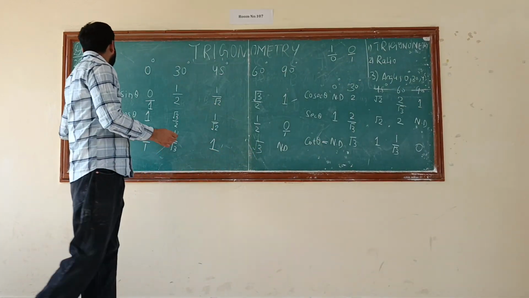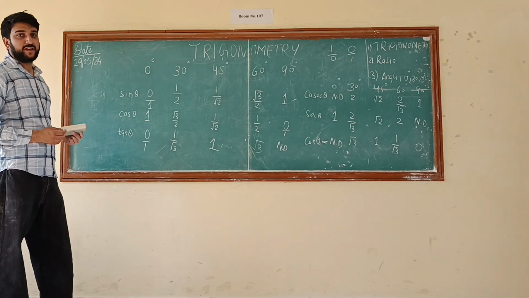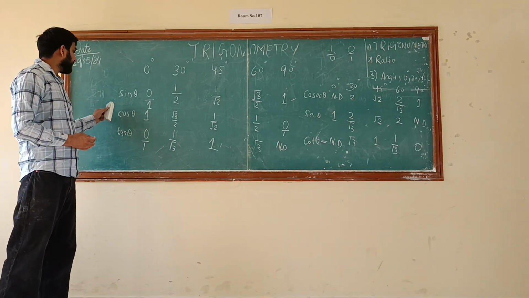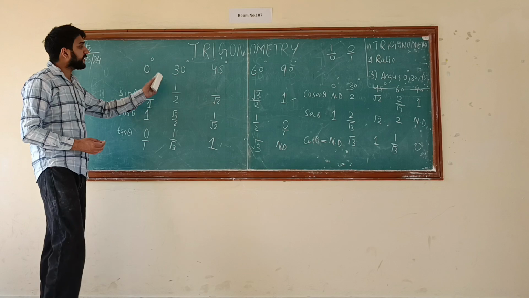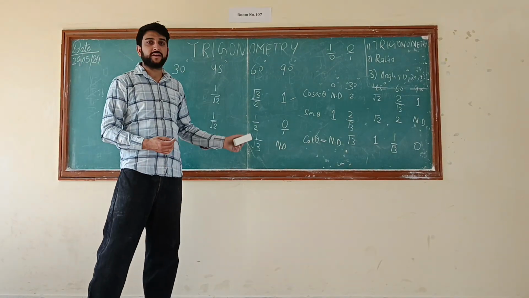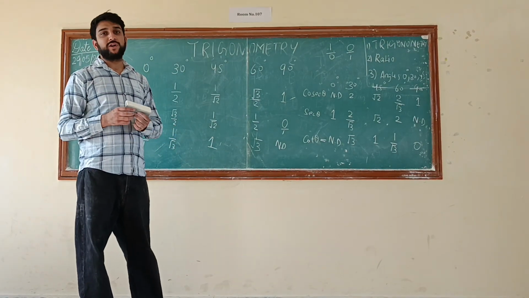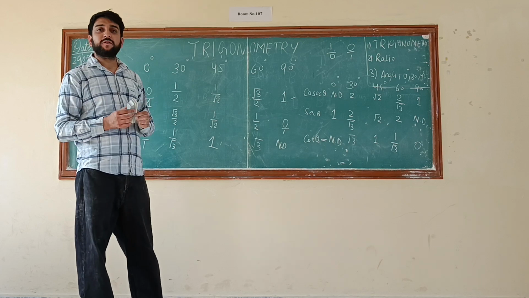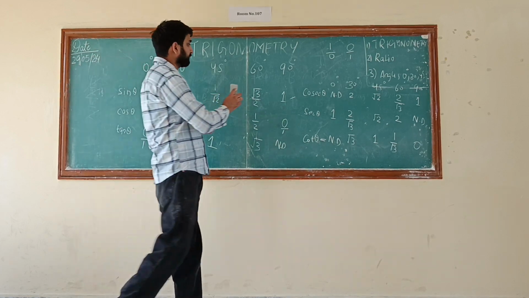Here we learned about trigonometric ratios of specific angles. First we have sin theta, cos theta, tan theta, for 0 degree, 30 degree, 45 degree, 60 degree and 90 degree. Now I will tell you a golden trick to find the value of any ratio at any specific angle.